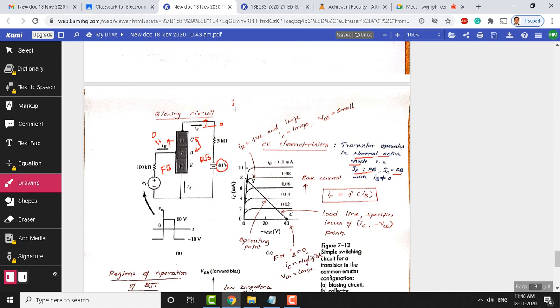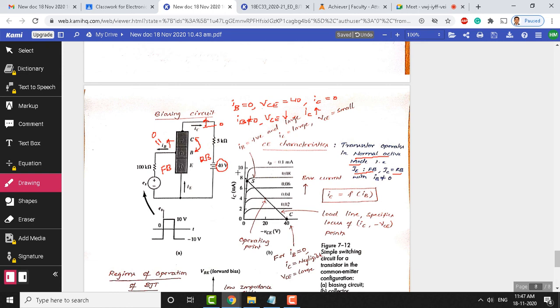So, let us write it here. When IB equals 0, we have already seen the voltage across collector and emitter is 40 volts, and collector current is going to be 0. When IB is not 0, you can see that VCE decreases and IC keeps increasing.